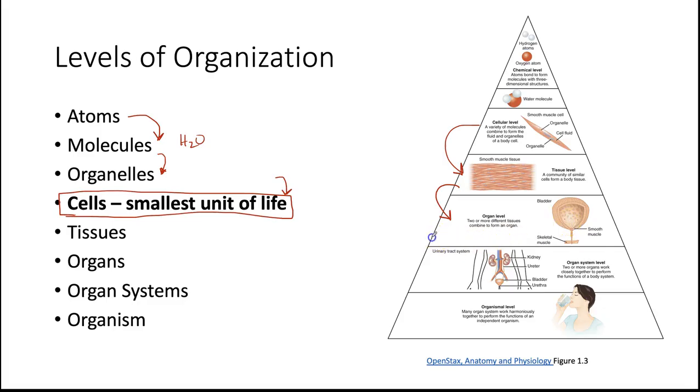And then organs come together to form an entire body system or organ system. In this case, it's the urinary tract system. So we have the bladder in combination with the kidneys and the ureters and the urethra to allow us to expel our nitrogenous waste. Then the organ systems obviously come together to form the entire organism. So that's just an example of one of those characteristics of life, organization.